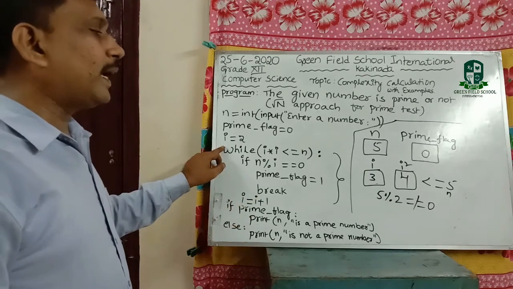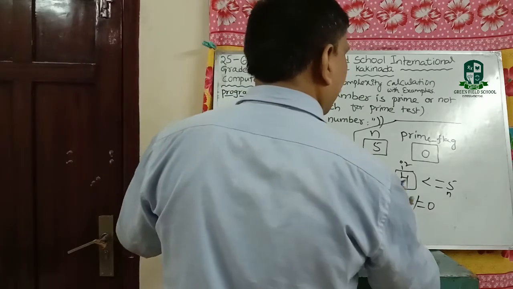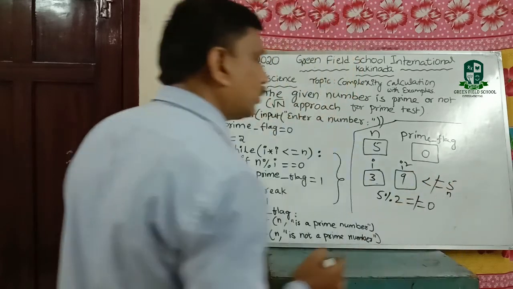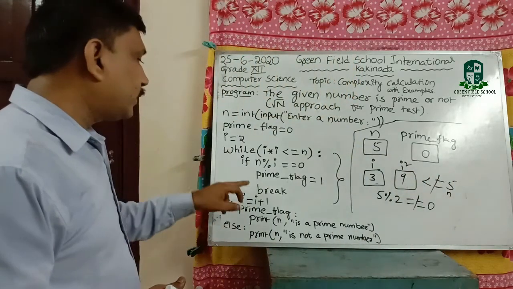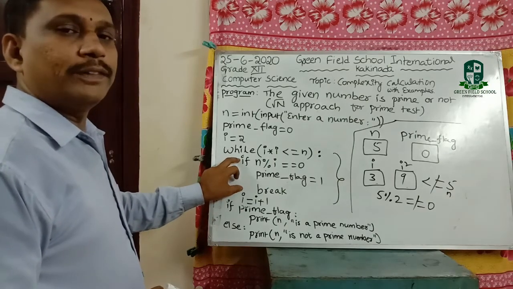Then again we compare 3 square, 9. Here i is 3, and i square, 9, is not less than or equal to 5. That's why we will not enter the body of the loop.